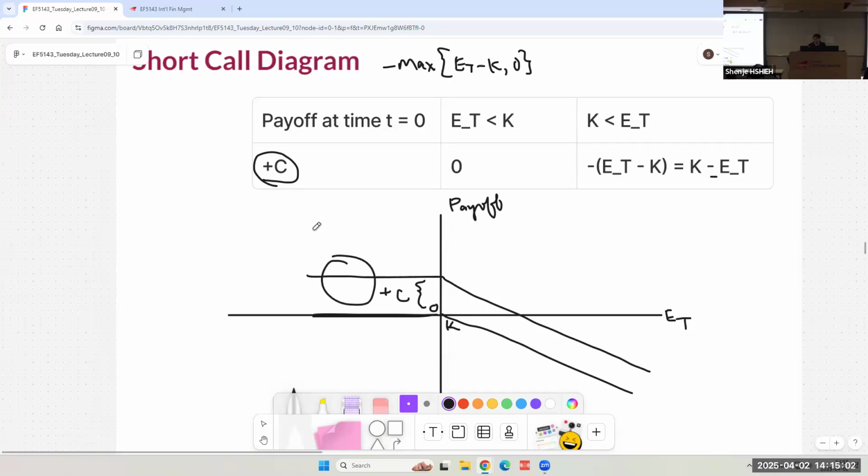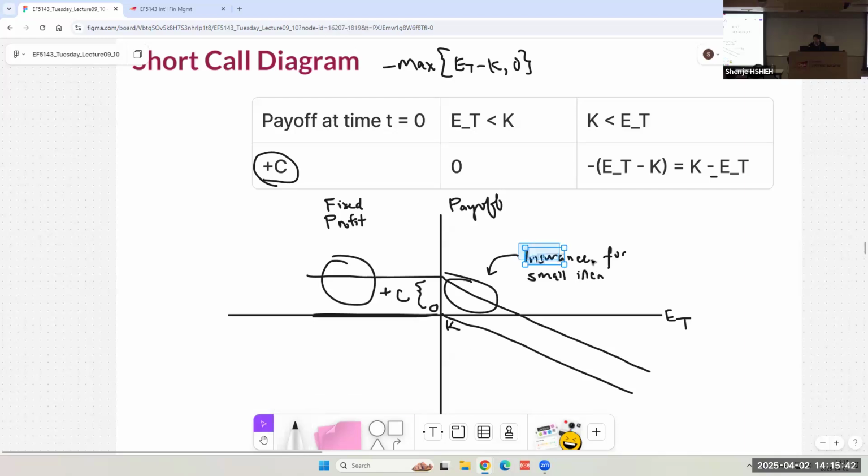So this is fixed profit, okay? But you also get protection for small changes, for small increases in ET.